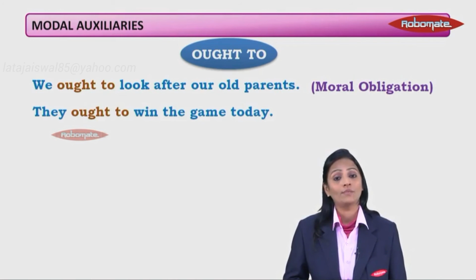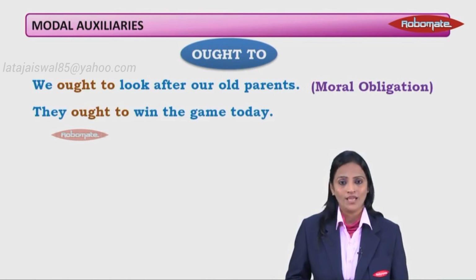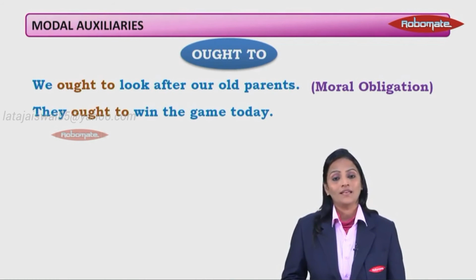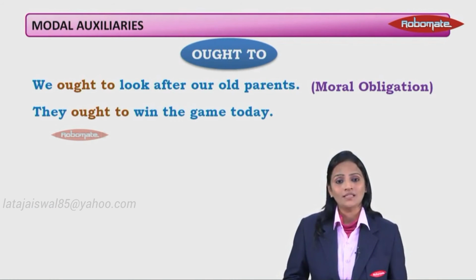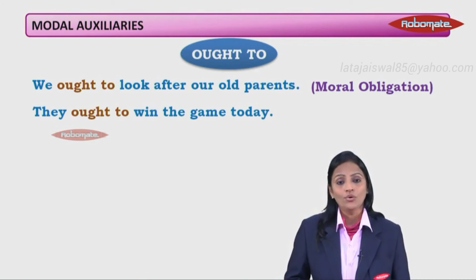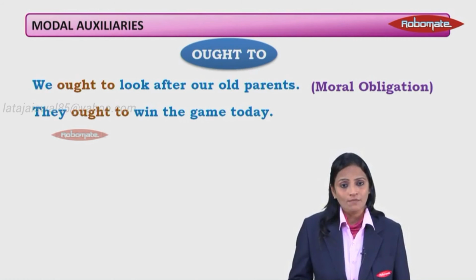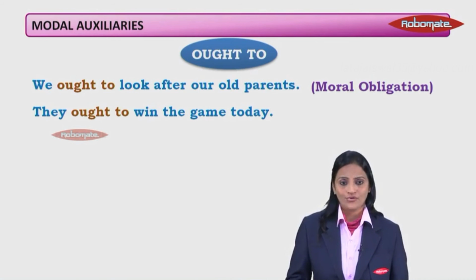They ought to win the game today. Now here, students, it is not a moral obligation or an obligation. It is based on certain things that have happened, certain situations. You can state something. For example, there's a match going on and you know that the opposite team, the opponents, are not very strong.